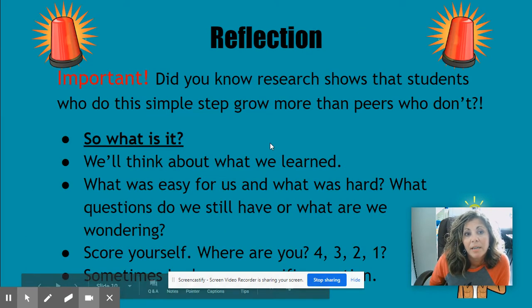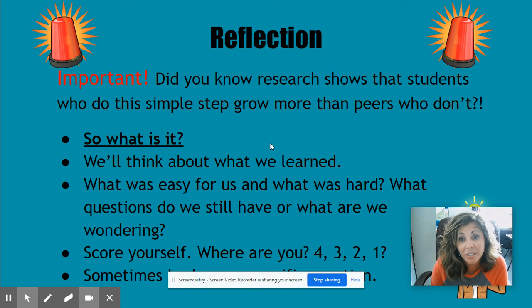Reflection. Important. Did you know research shows that students who do the simple step grow more than peers who don't? So what is it? Well, reflection is, think about what we learned. What was easy for us and what was hard? Or what questions do we still have? Or what are we wondering? I might ask you to score yourself. Where are you at in the lesson?